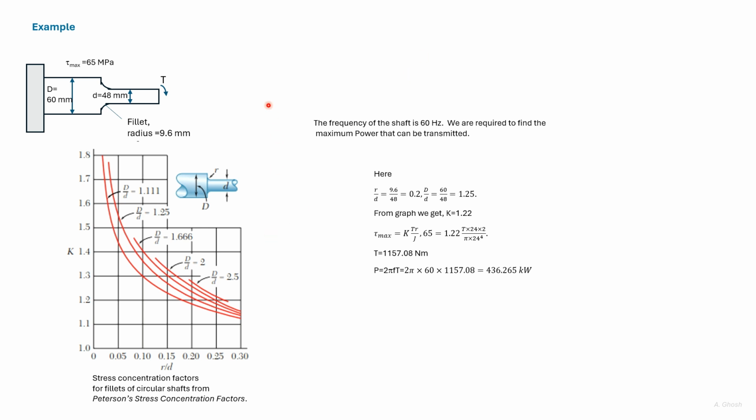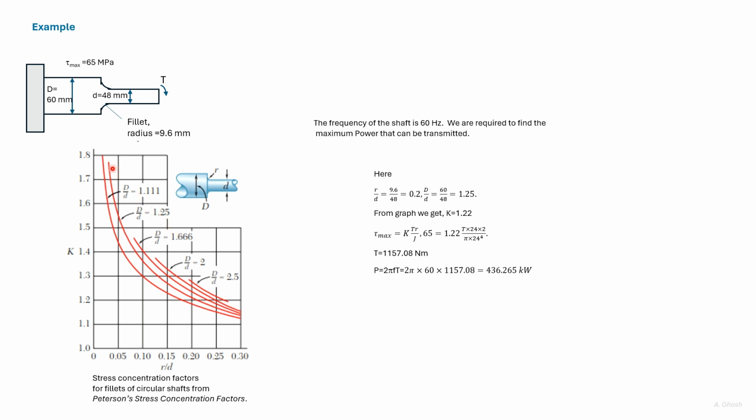So first we find out the stress concentration factor for this stepped shaft. Here we have r by d as 0.2 and large D divided by small d as 1.25.